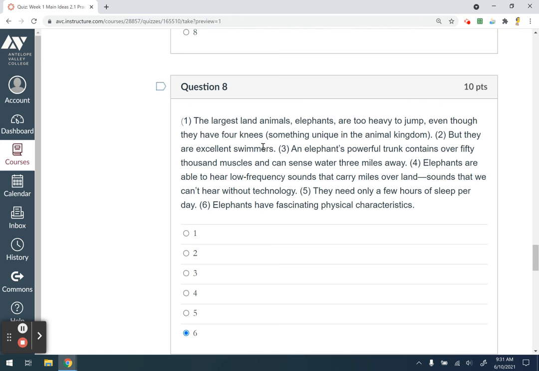So what are they saying about elephants? What sentence can apply to the entire piece of work? Sentence 6 applies to the entire piece of work: elephants have fascinating physical characteristics. And what are they? Well, starting in sentence 1 all the way to sentence 5, they explain those characteristics. All right, so that brings us to the end of the practice tutorial review for main ideas 2.1.